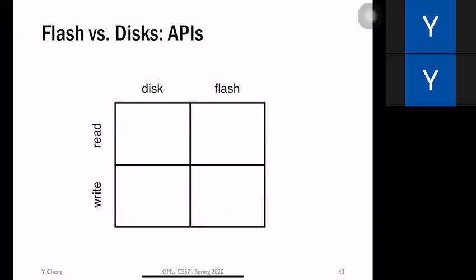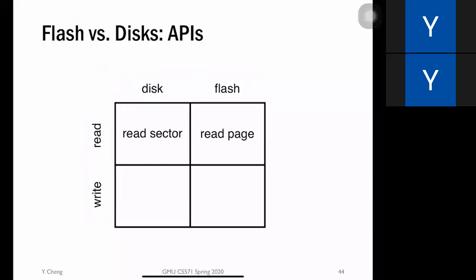At the horizontal dimension, it shows two columns. The first one is disk, and the second one is flash. In the vertical dimension, it shows two different operations, read and write.